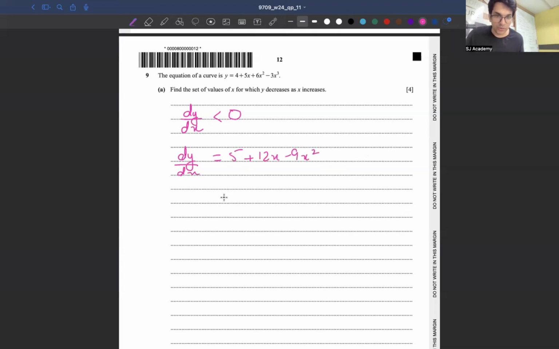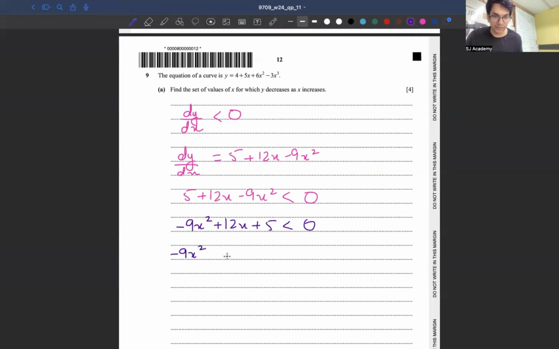Now, solving this quadratically, in place of dy/dx, we can write 5 plus 12x minus 9x squared is less than 0. Factorizing this equation, this is 9x squared minus 12x minus 5 greater than 0. We can apply middle term breaking as well.